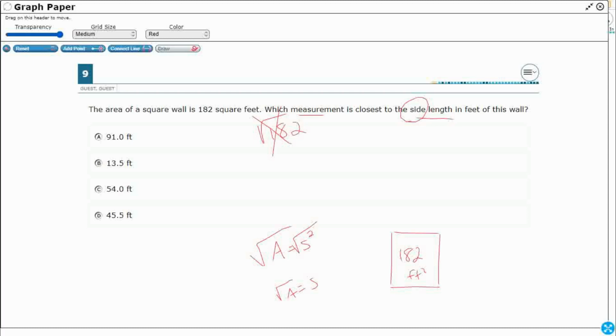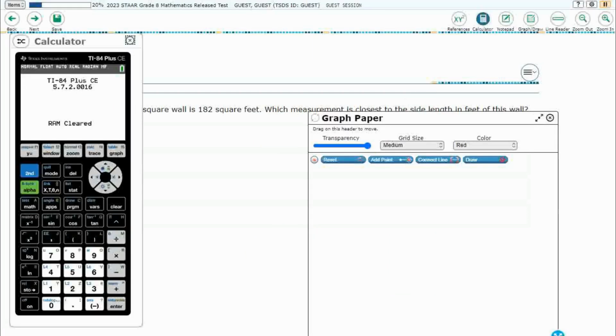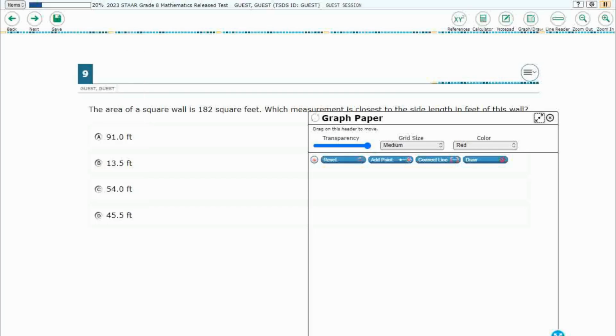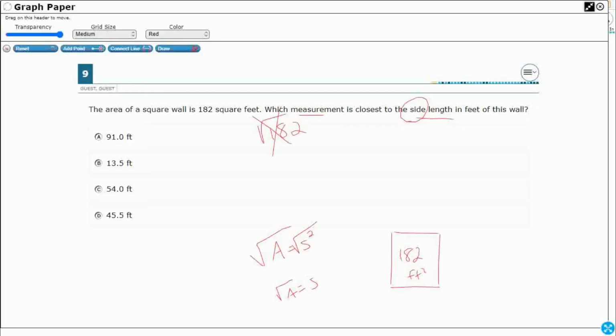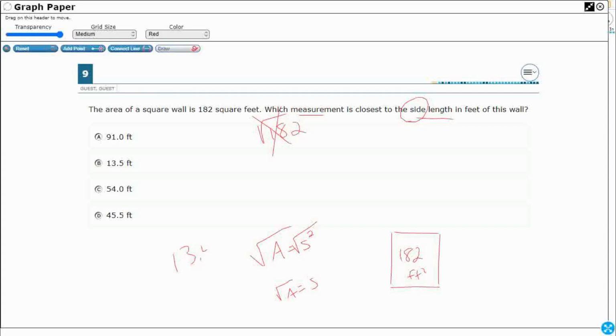But once we do that, let's just plug that into the calculator. We can manually do it if we want to, but let's just take our 182. We're going to hit that second to get that square root. All right, we got 13.49, almost 13.5, and we see that 13.5 right there, so it's about 13.49, and our answer here is going to be B.